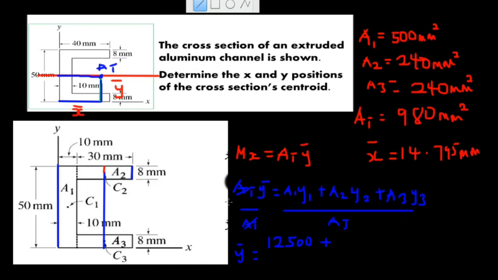I multiply the 46 millimeters by the second area, which is 240. So I have 240 by 46, and that gives me 11,040.